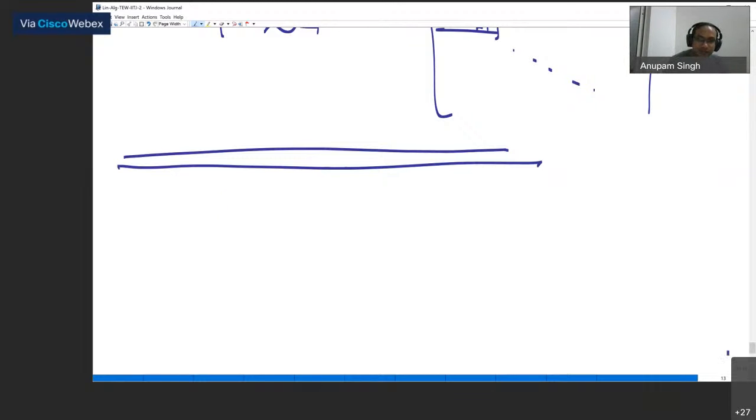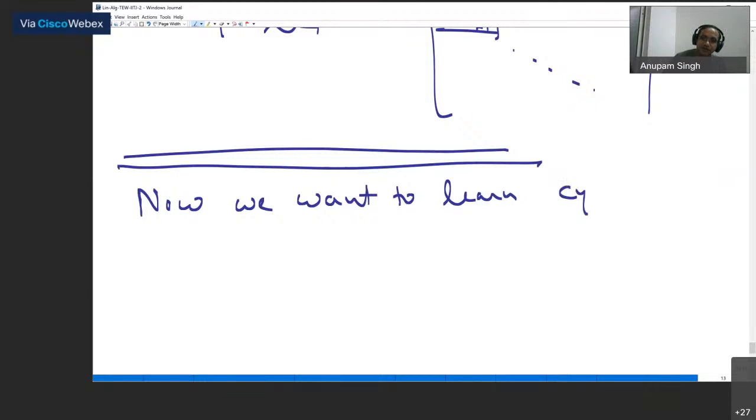So now we want to learn what we'll call cyclic vectors or cyclic decomposition. We'll come to cyclic decomposition. So cyclic vectors, right? This is something we want to learn.